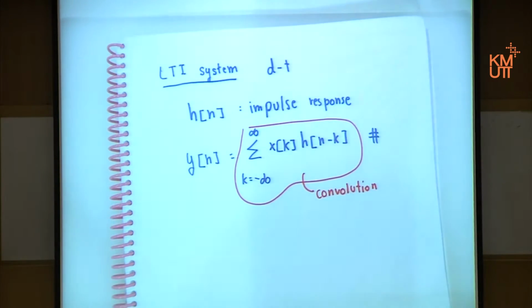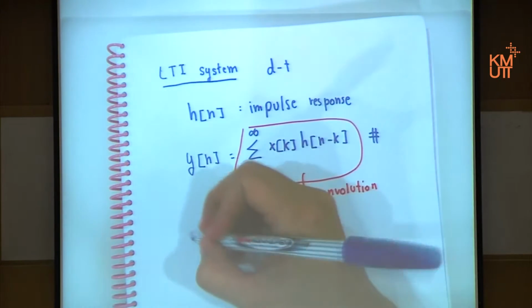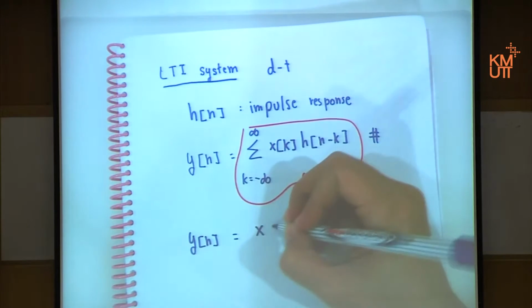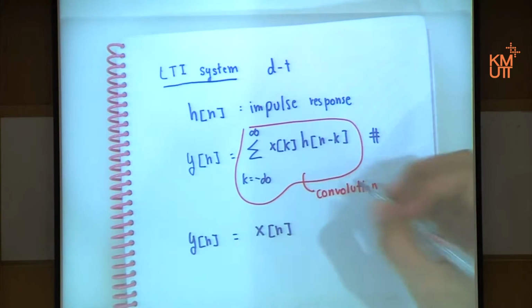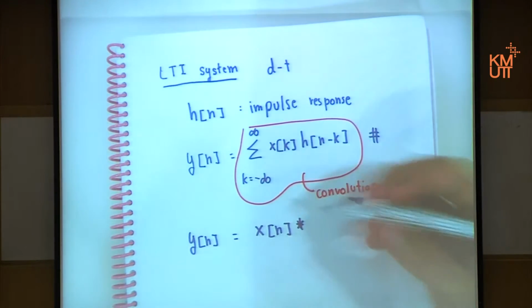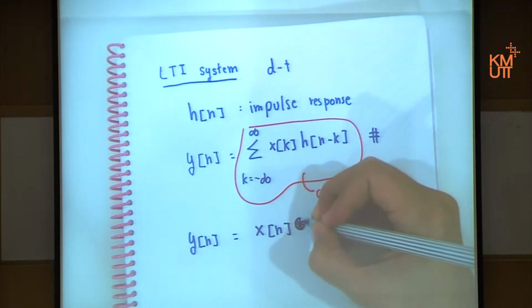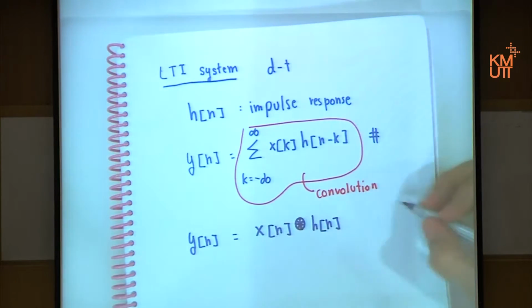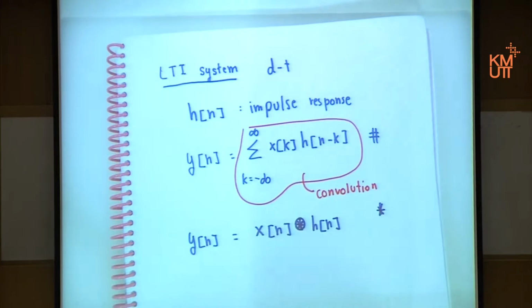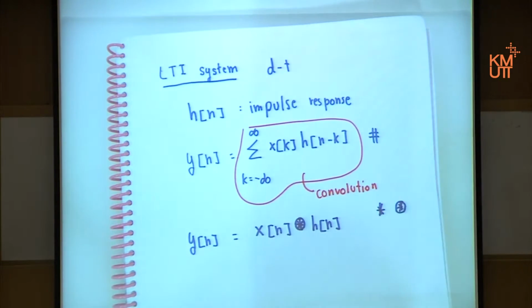Actually, when we write the convolution between two signals, we can rewrite it in this form: y[n] equals x[n], convolution symbol, h[n]. Sometimes I use this one, but in the textbook you may see the star inside a circle.